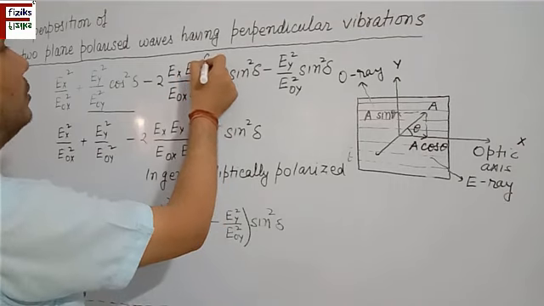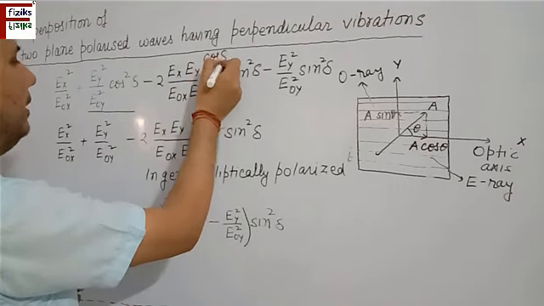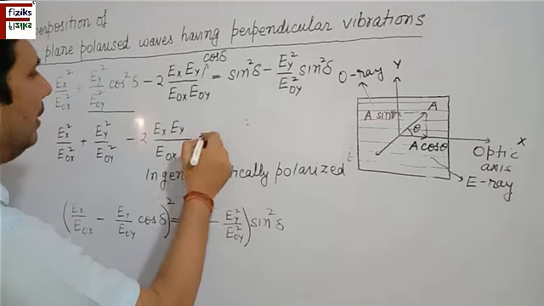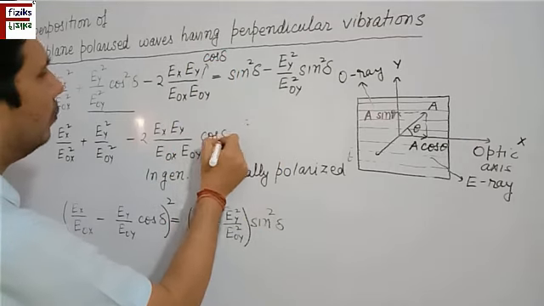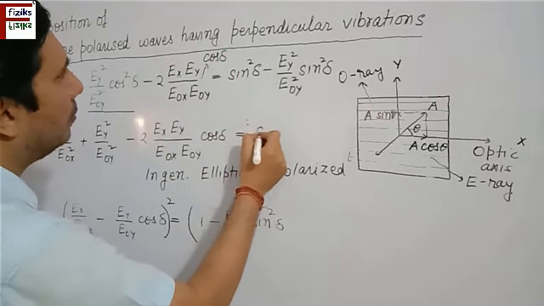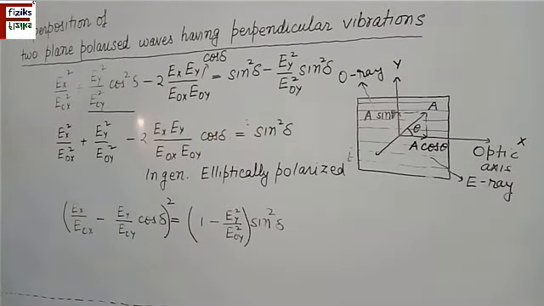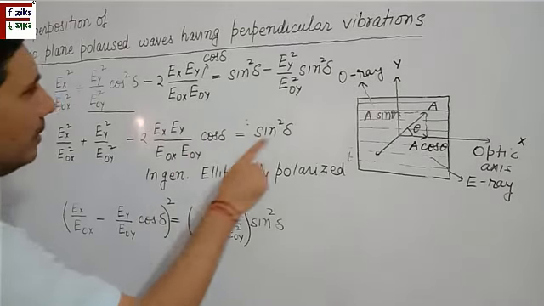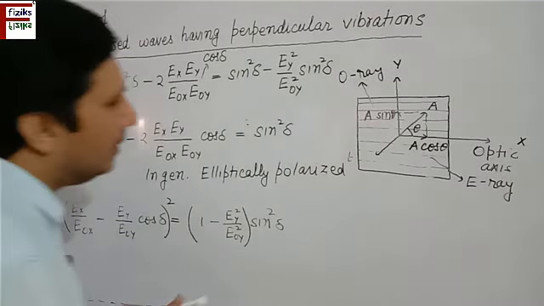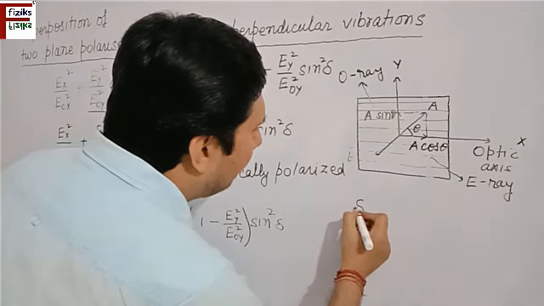Here I have cos delta. So you write down here, this is cos delta. This will be equal to sine square delta. So basically this is the equation of a general ellipse, and on the emerging side in general we will have elliptically polarized light. But this equation is depending upon delta, and delta is depending upon the thickness.